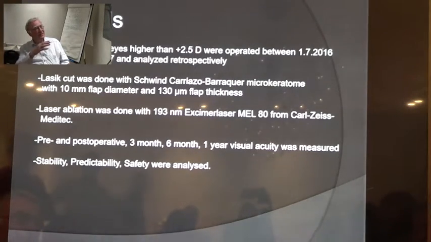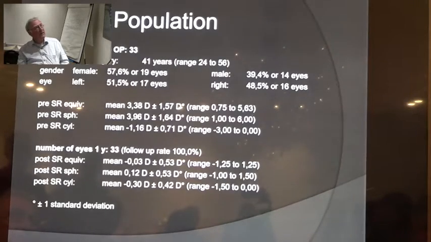The survey time was 3 months, 6 months, and 1 year, and we are looking at the stability, predictability and safety. This is the population, mean spherical equivalent plus 3.38 plus minus 1.57 diopters. The range was between minus 0.75 and plus 5.63.